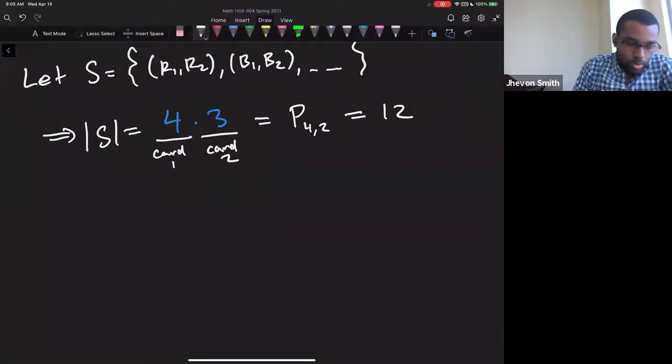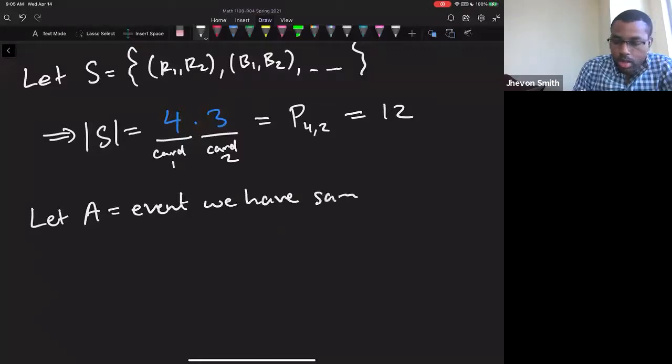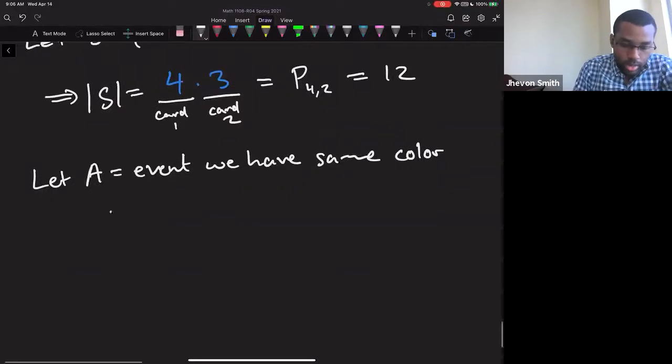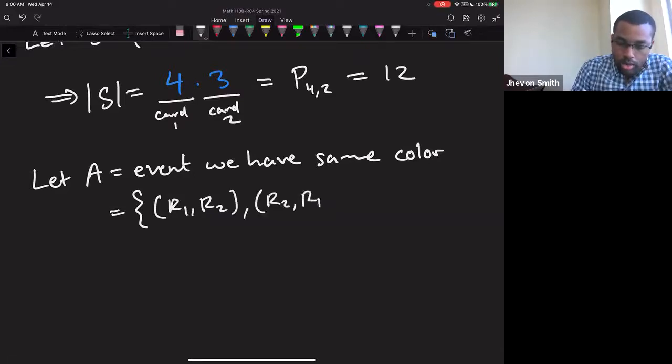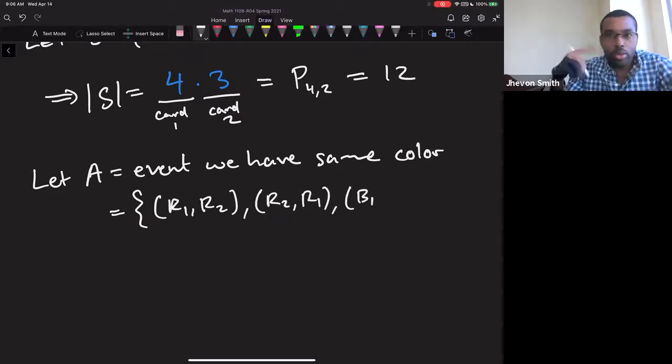And now you say, well, let A be the event we have the same color. And you could actually just enumerate this. There won't be a lot of possibilities. You can get 2 reds, and you could have chosen them in either order. You can get 2 blacks. Because I'm thinking of tuples, I have to worry about order now.